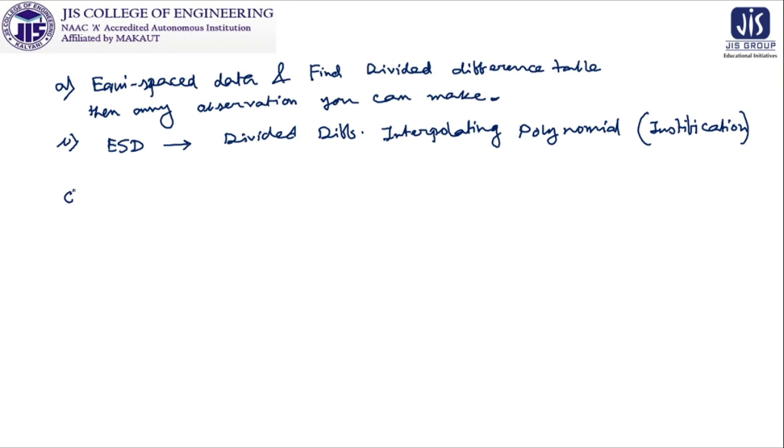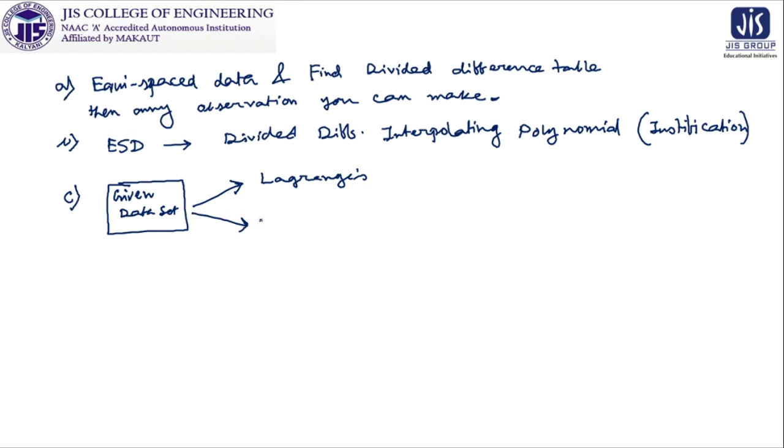And the third and final one is that for a specific given data set, find the interpolating polynomial in Lagrange's method and find the same in the divided difference interpolation formula, and then compare.